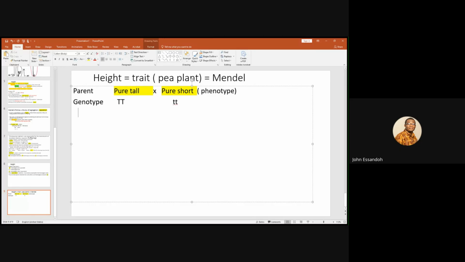Okay, they will separate like this. See here, small t here like this, small t here like that.